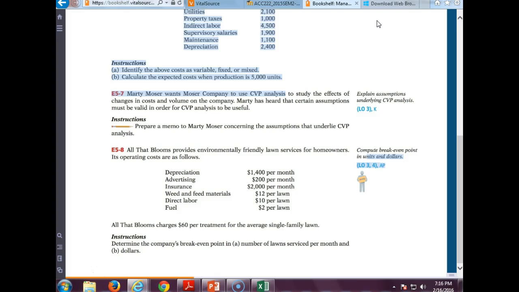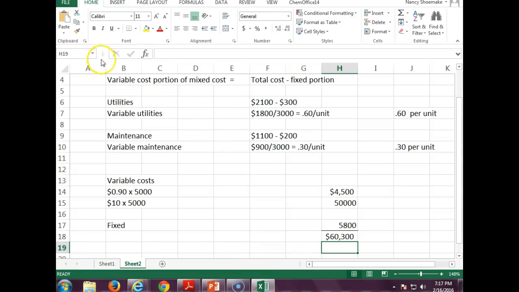So what we're going to do is they charge $60 a month. $60 per month is the sales price. What are the variable costs? $12 plus 2. 12 plus 10 plus 2 is $24, right? So $60 minus $24 of variable costs equal $36. Our contribution margin per lawn is $36.